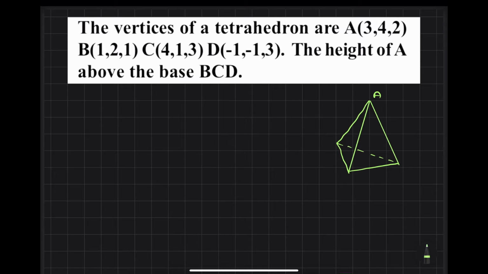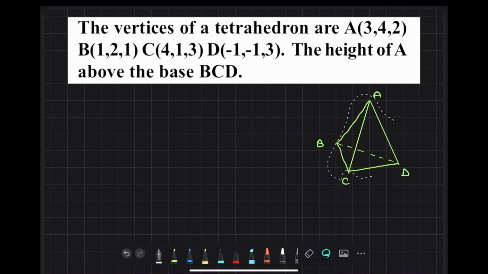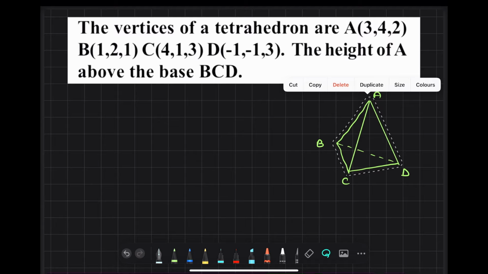So suppose this is A, this is B, this is C, and this is D. Right now they are interested in finding the height of A above the base BCD, so that's why I have taken A to be on the upper part.